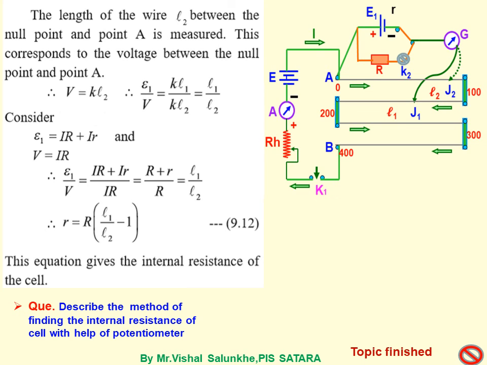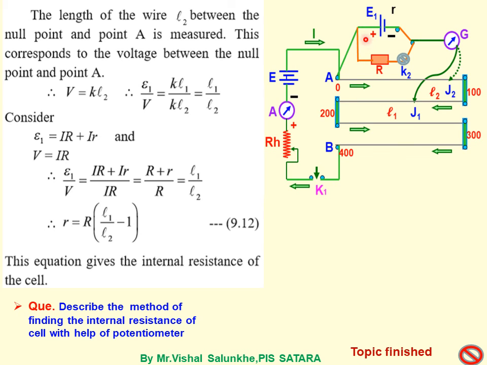I hope you understood. I felt you were having a doubt only in this case. If you see the second case, E1 is the EMF across this. So how do we calculate it? If you apply Kirchhoff's voltage rule in this loop, then definitely the direction of the current is in this direction and this direction.